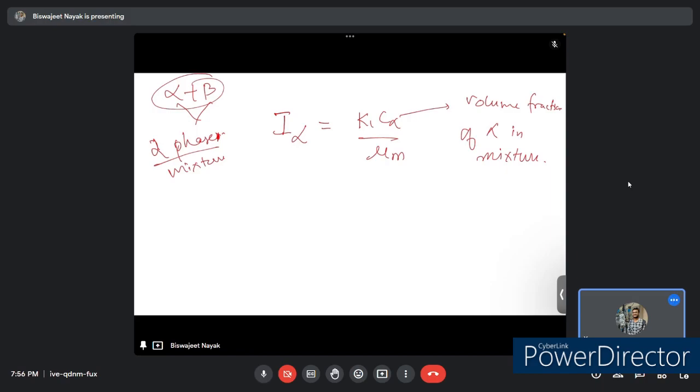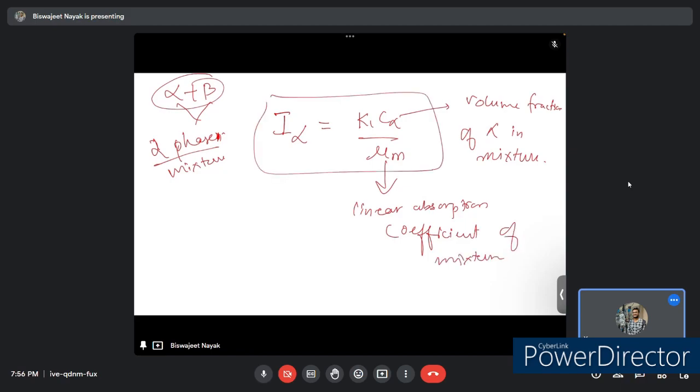So, but if, let's say, we analyze a mixture of two phases, then this equation can be written in terms of one particular line of alpha phase, and here I_HKL will become the intensity of the selected line of the alpha phase.